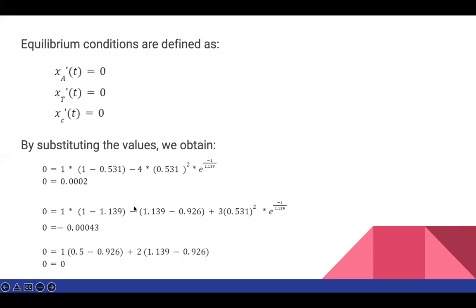And we got these values. In the case of XA and XT we almost got 0, but in the case of XC, we got 0. Being these values almost 0 and 0, we can say that the derivative is 0, which means that the system is in equilibrium.